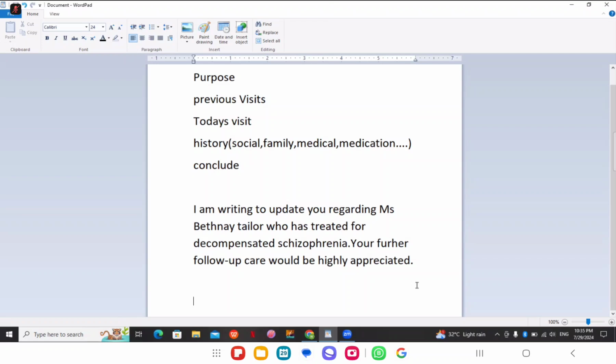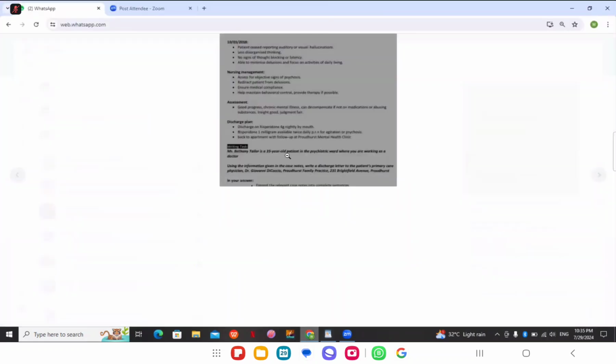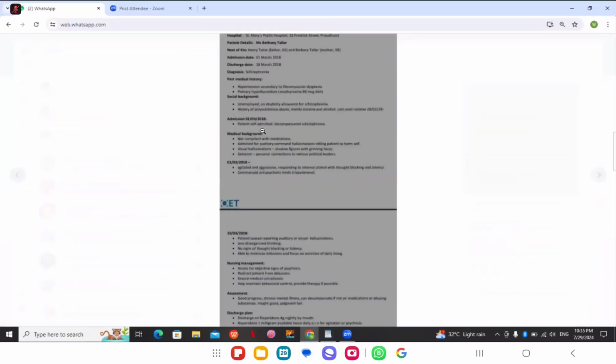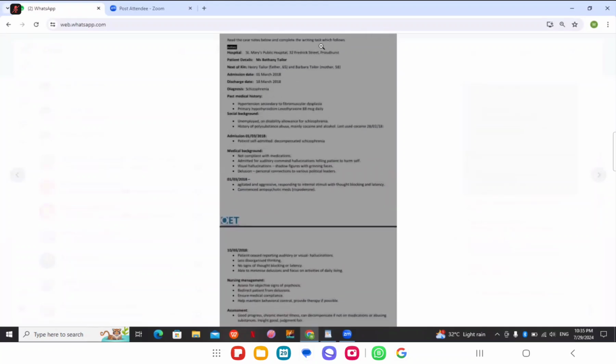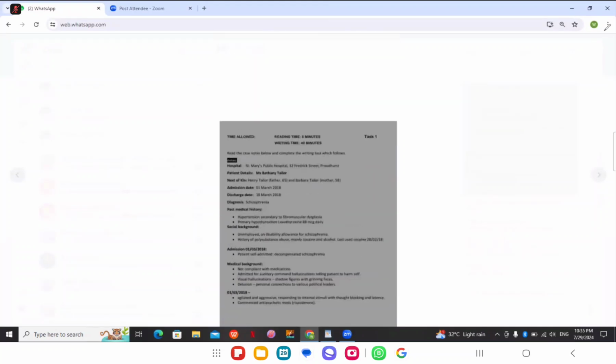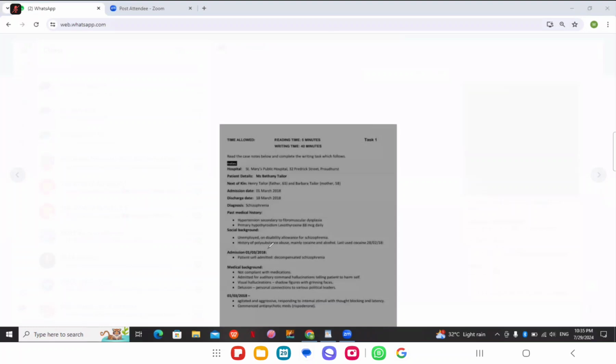the patient self-admitted herself on a date. Okay, when she was admitted, this is written over here, the admission date was 01/03/2018.